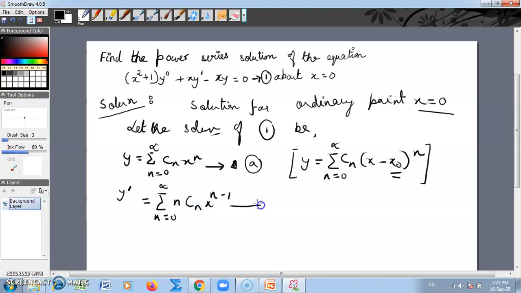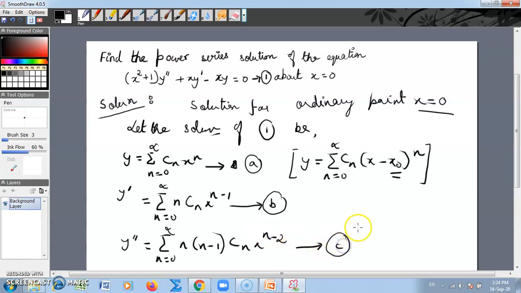Let this be (b), and again we differentiate this with respect to x. I get y double dash is equal to summation n goes from 0 to infinity n into (n minus 1) Cn x to the power n minus 2. So this is (c).